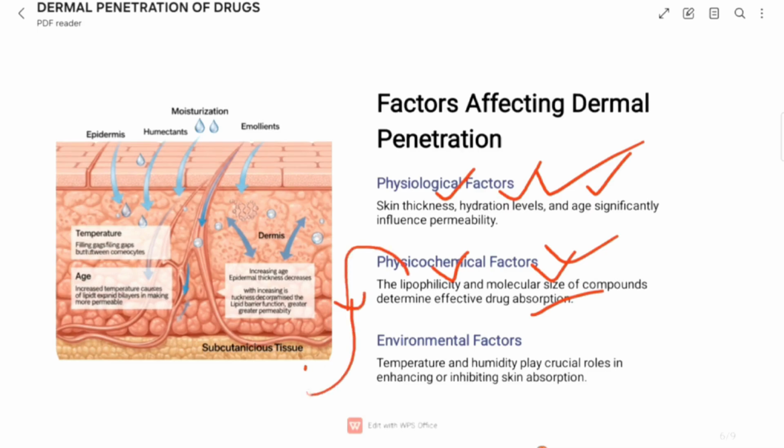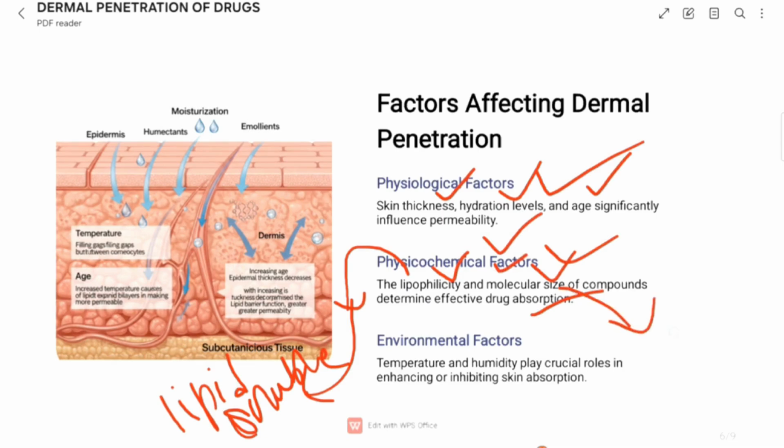If the drug is more lipid soluble, then it will easily cross the biological membranes, so the penetration is more. And regarding molecular size, if the drug particles have a smaller molecular size or particle size, it also enhances the penetration of the drug.